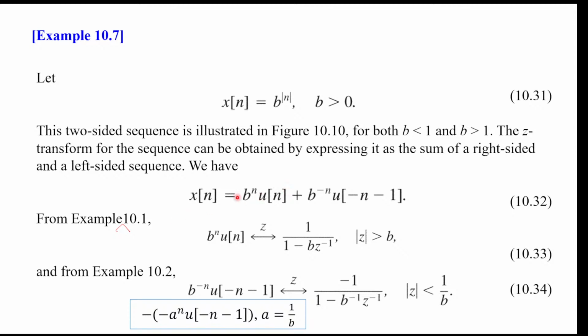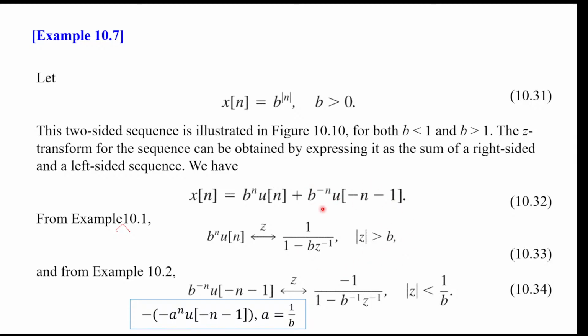Okay, so for those two signals we already did the transform in example 10.1 and example 10.2. And this is our favorite exponential signal. So the transform is 1 over 1 minus b z to the minus 1, with ROC being radius greater than or equal to b.